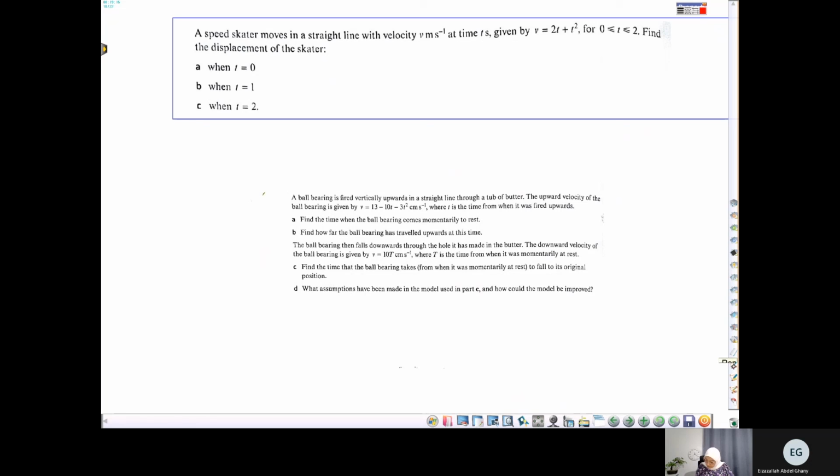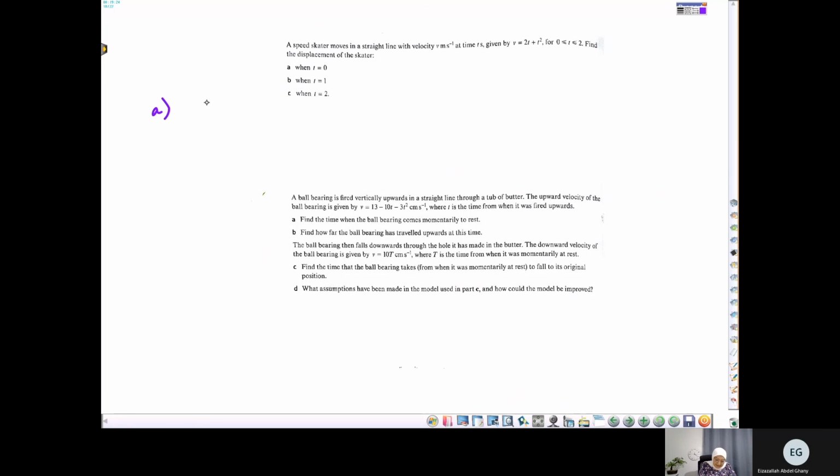So the first one, part A, displacement in general, is integral of velocity with respect to time. So it will be integral of open brackets 2t plus t squared dot dt.